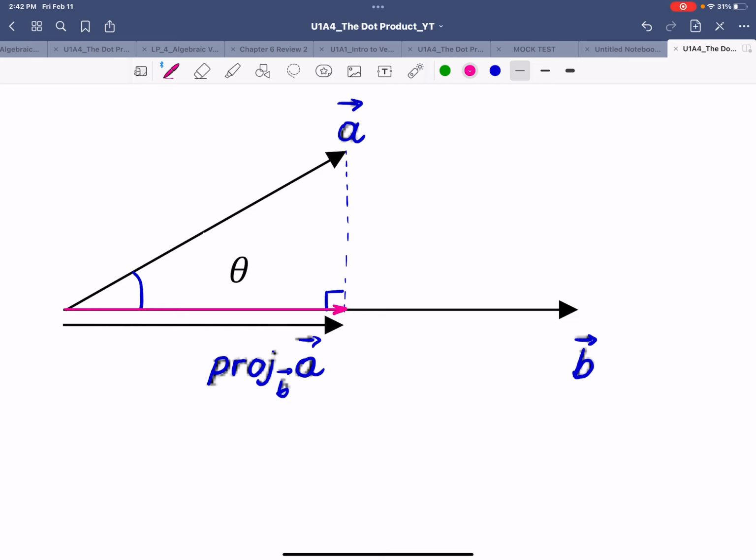The projection of A onto B, as you can see, is a vector on its own, and it follows the direction of vector B. It will have a magnitude that varies based on the position and the size of vector A. So remember, for example, if we were to change the position of vector A, I'm going to do something different.